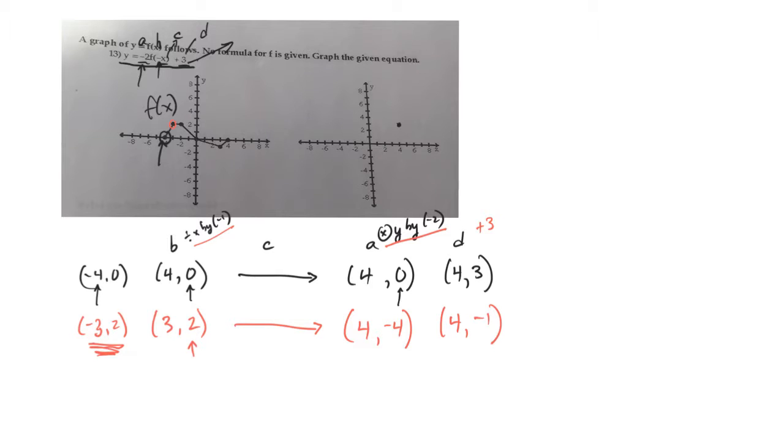So 4, would that be right? How did I get a 4 there? It should have stayed as a 3. What was I thinking here? That's a 3 and that's a 3. There we go. So 3 and -1. There's my dot right there. Okay, and then you just do the same thing for each of the other points.